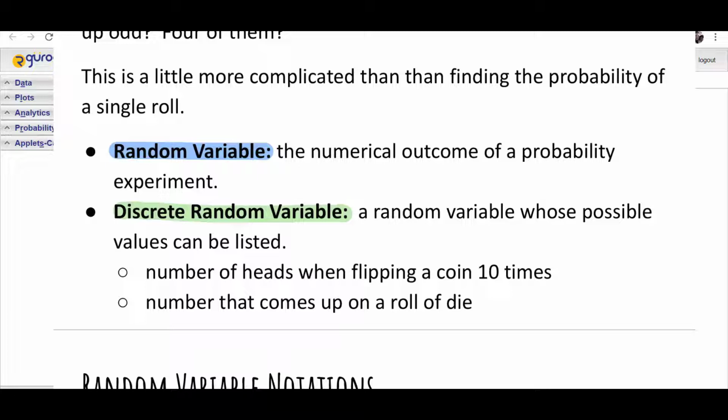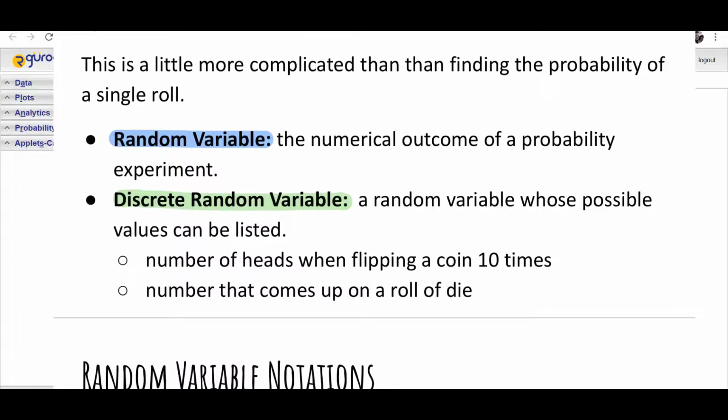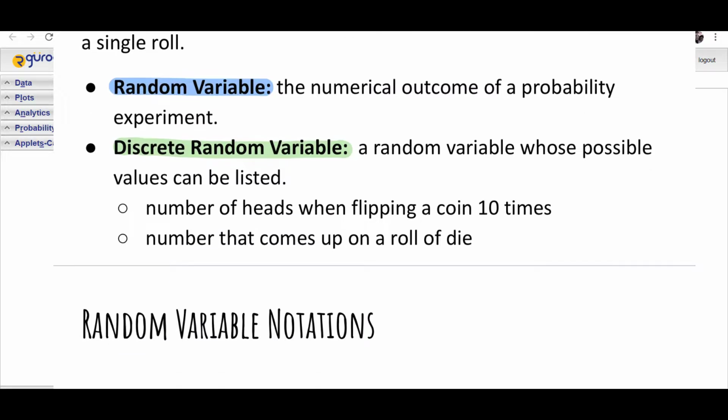Examples would be the number of heads when flipping a coin 10 times. So if I flipped a coin 10 times, I could have no heads, I could have one head, I could have two heads, I could have three heads, all the way up to 10 heads. Or the number that comes up when you roll a die. Variables whose values can be listed.